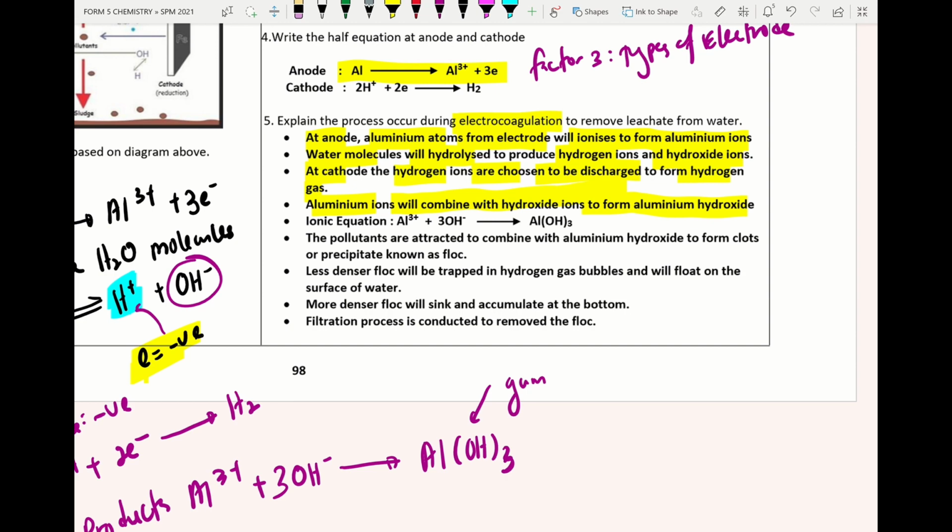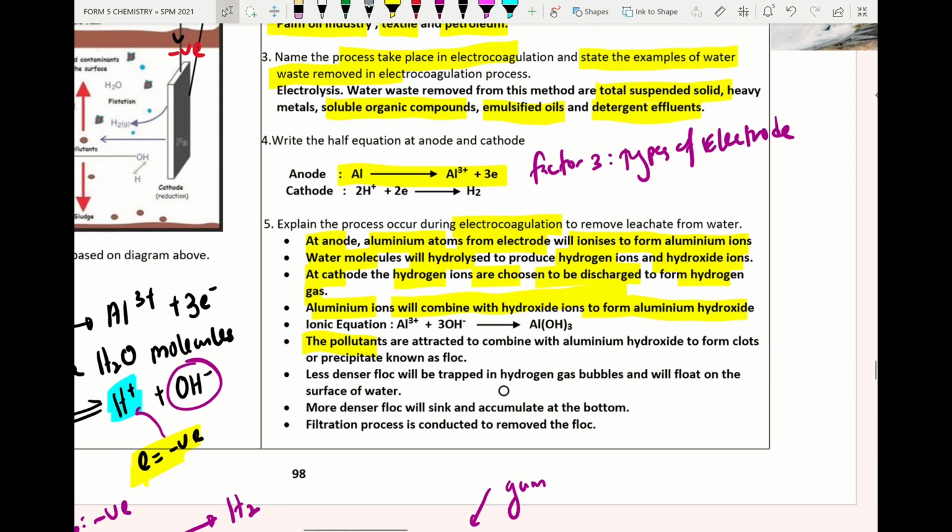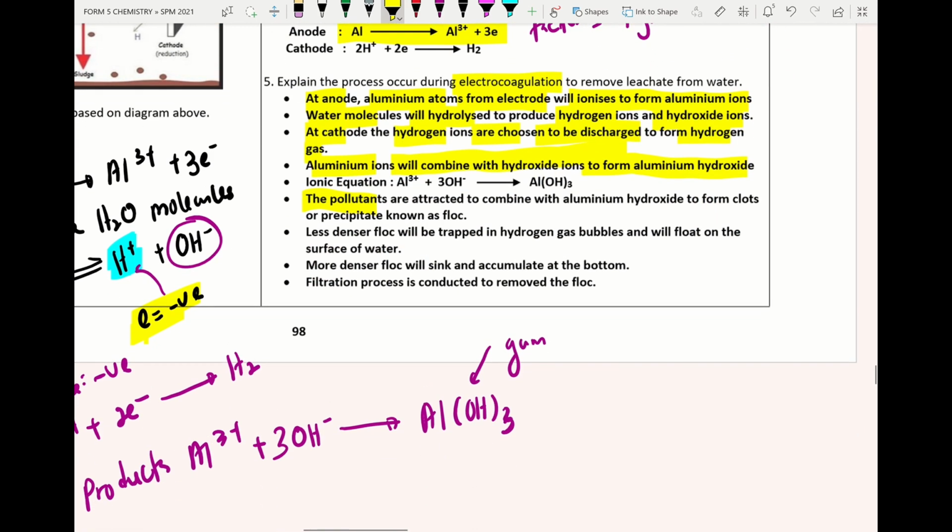The ionic equation is given here. The pollutants, the solid waste, the total suspended particles, solid, metal, soluble organic compounds, emulsifier, and detergent effluent will be attracted to combine with aluminium hydroxide to form a precipitate known as floc.